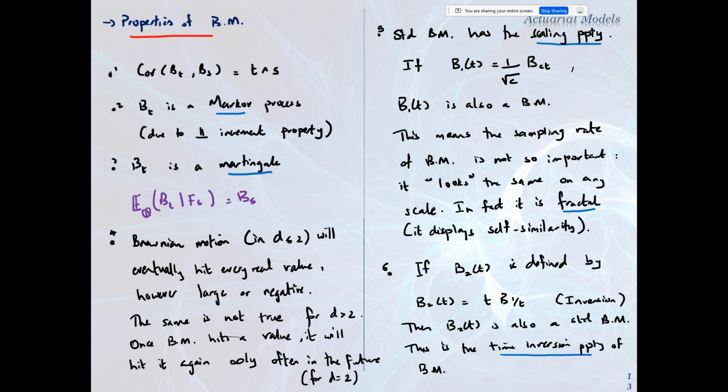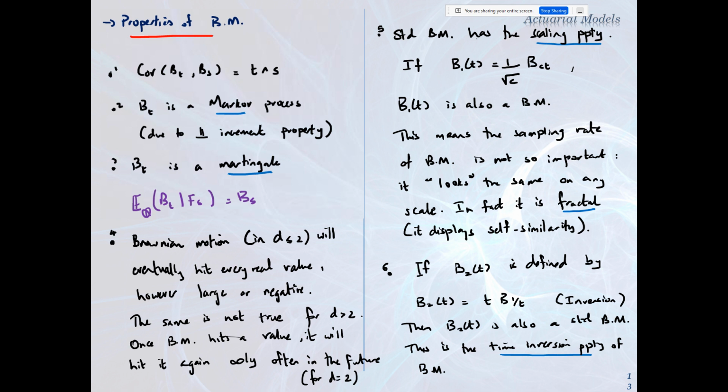This Markovian property is a result of the independent increments. Thirdly, BT is a martingale. This is important, and we'll see it more specifically in the coming weeks.